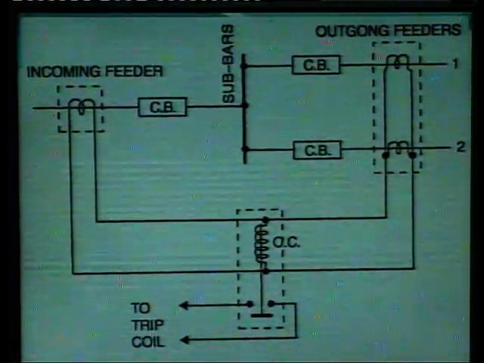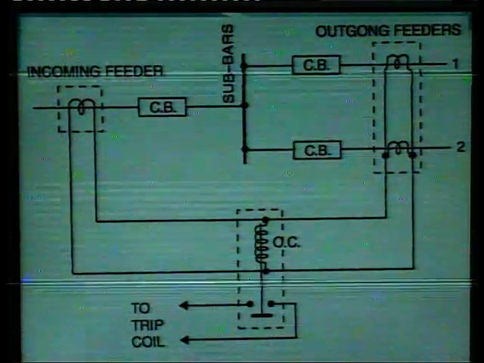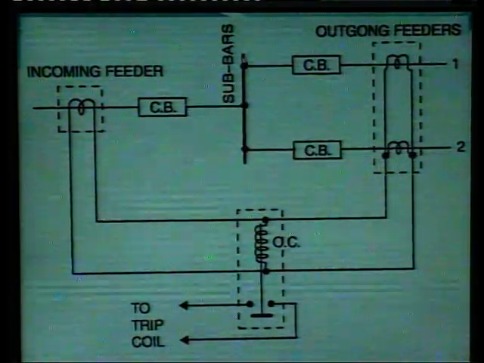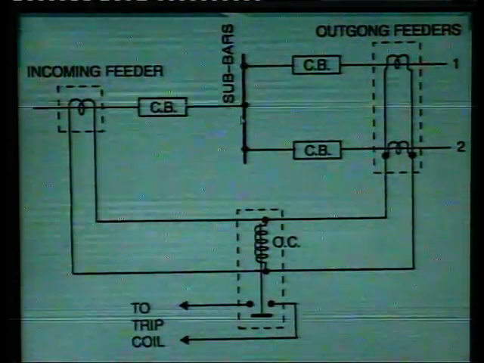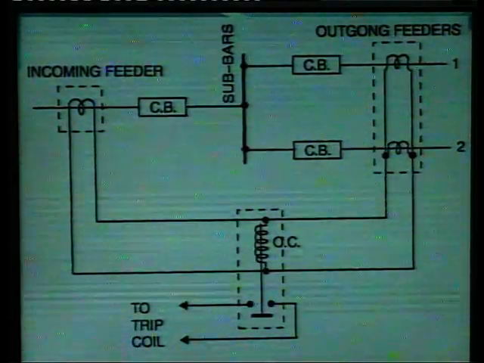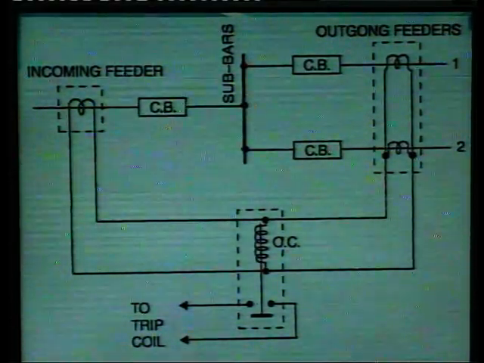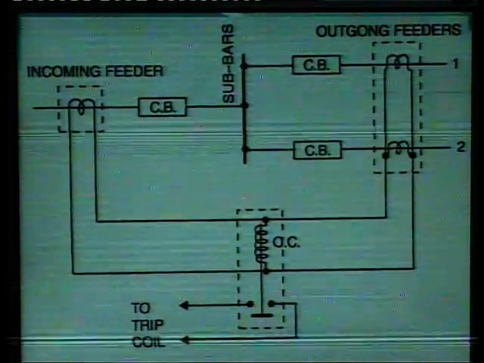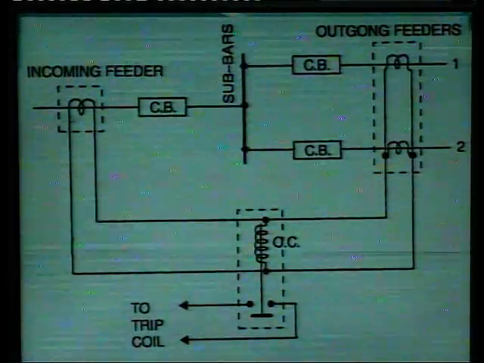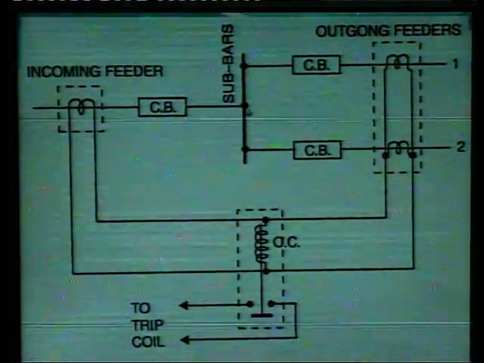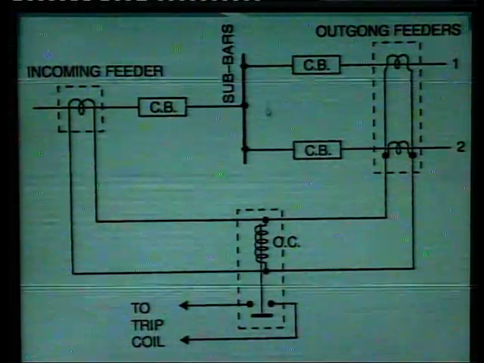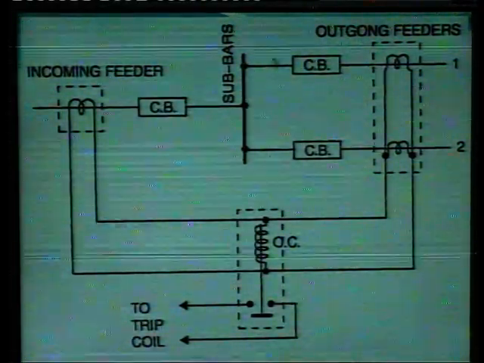So, this is the bus bar differential protection. So, see, this dark line shows the bus bar. Now, as I have told you, bus bar is a kind of node through which various connections can be made. So, see, this is the incoming feeder to this bus bar, and to this bus bar there are suppose two outgoing feeders.